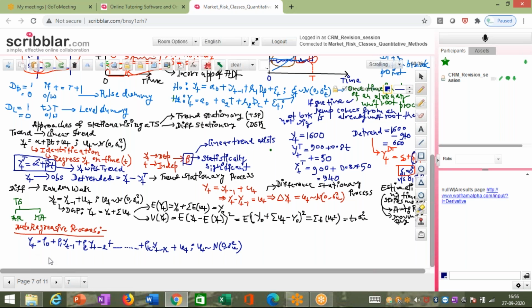So this is what the yt is. Now, this is the level form. There is also a way to describe these autoregressive models as a deviation form. If you have a long run mean, you can express the autoregressive process as a deviation from the long run mean. So this is what we call the level form of specifying an autoregressive process.